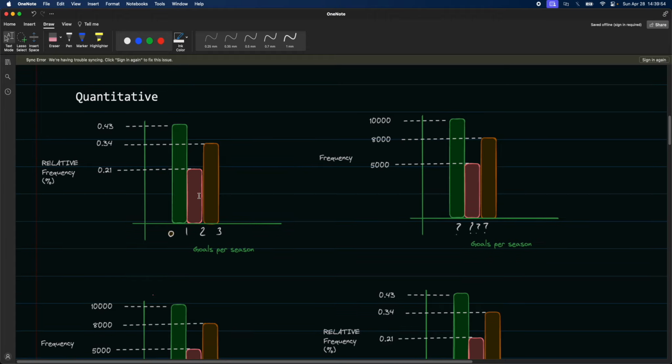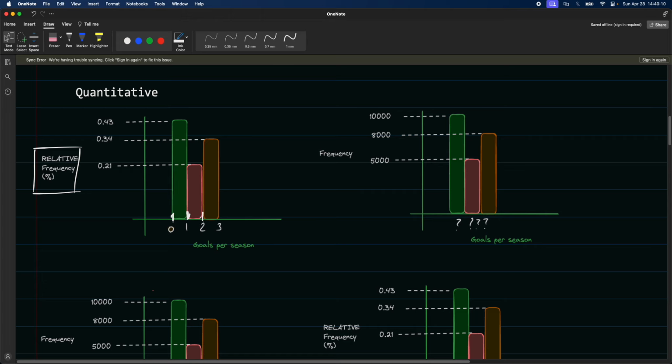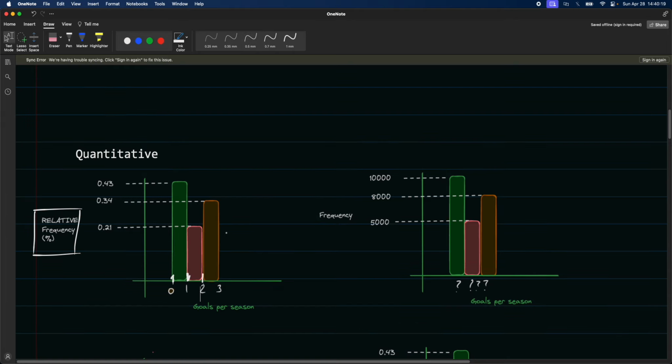So let's start with the one on the top left. Notice again, relative frequency. Whenever you analyze a histogram, it's always important to look at the x and the y-axis, specifically this relative frequency, and also where exactly the numbers are. You have a number here on the left interval, and a number here on the right interval, so it's crucial to understand what this is telling you.